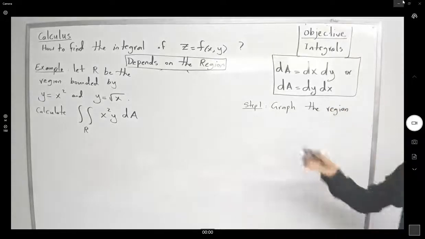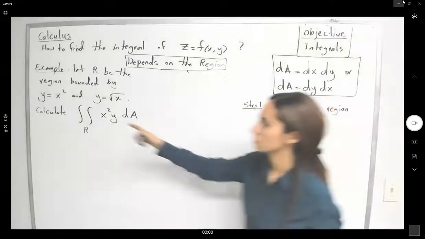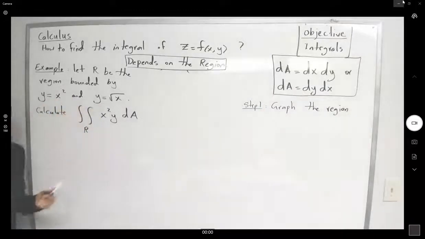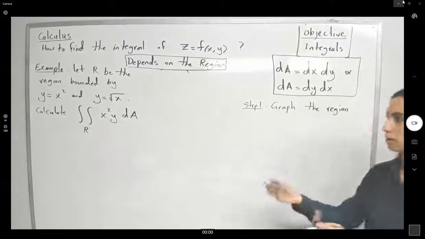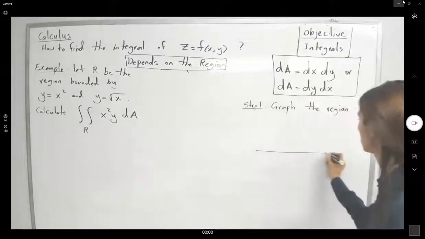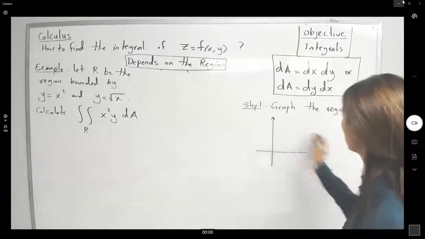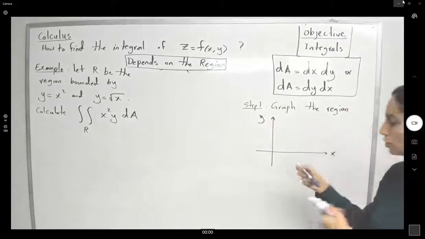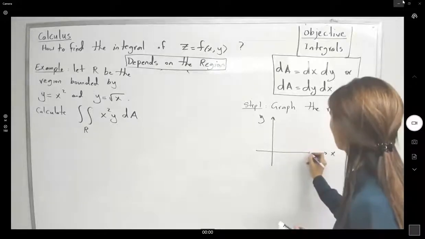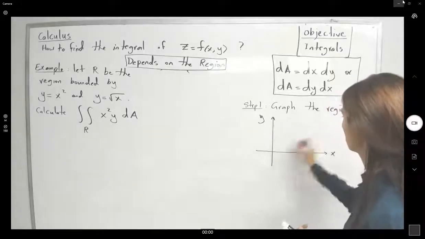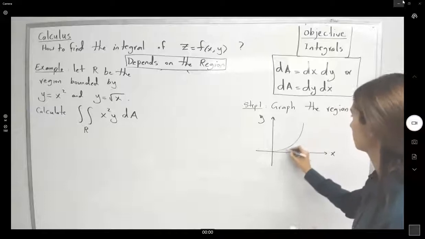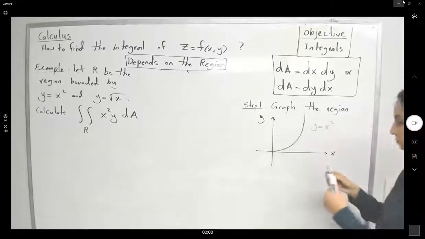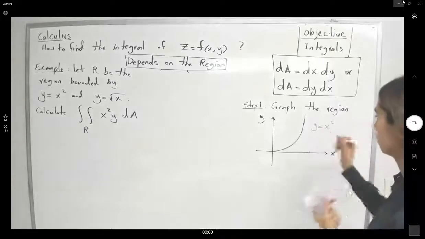Okay, it's not that hard. I know this is a quadratic function and this is a radical function. I already know how to graph these two. This is my x, this is my y. This is my x squared, and this guy is my square root function.